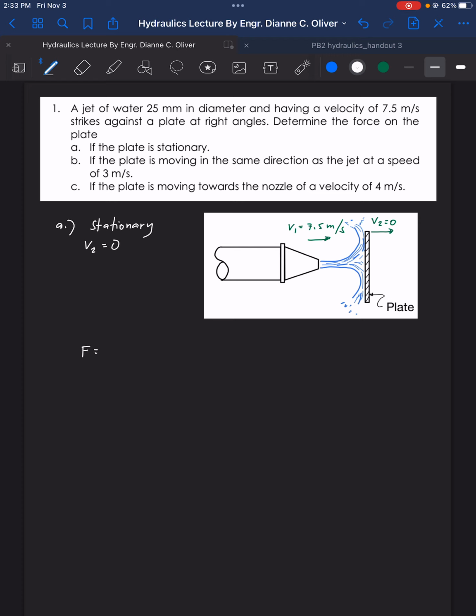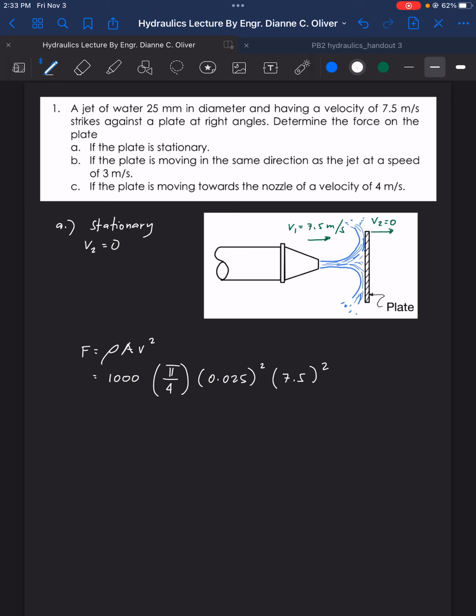F is equal to rho A V squared. So rho of water, it mentions there water. Density of water is 1000. The area of the jet is pi over 4 times the diameter of the jet, which is 25 mm, or that is 0.025 meter, squared. And then we have the velocity, and that is 7.5 squared.